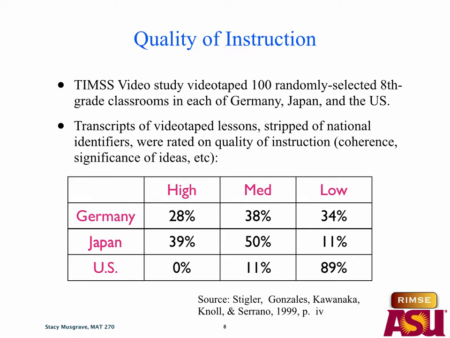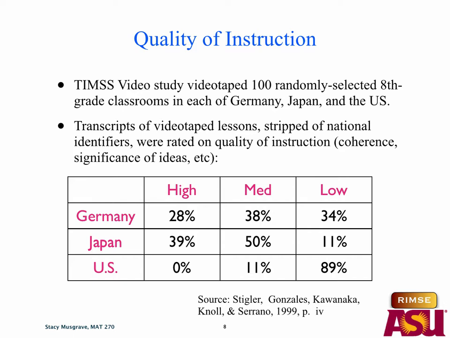So what does that mean though? What does it mean that US students are regularly getting medium and low quality instruction? What does that mean to you? Yeah. That we don't really suck at math, and we just have terrible teachers. Oh, tragic. Okay. But what does low quality instruction look like?